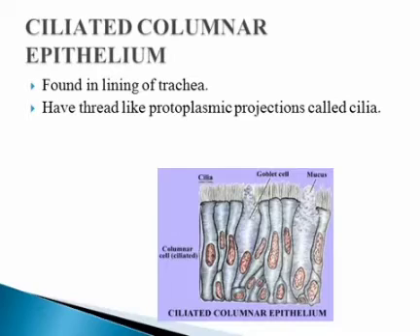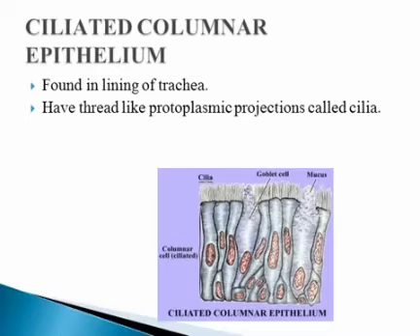Why is it called ciliated epithelium? Because of the presence of hair-like projections. Can you see in the picture hair-like projections on the top of the cell? The cells of ciliated epithelium have thread-like protoplasmic projections called cilia at their free ends, and hence it is called ciliated columnar epithelium.